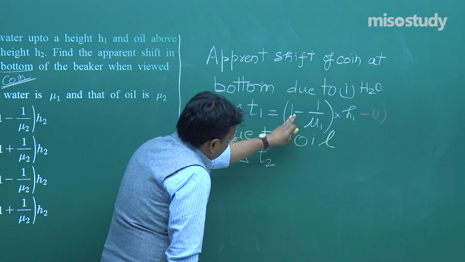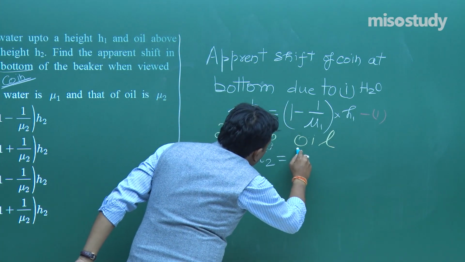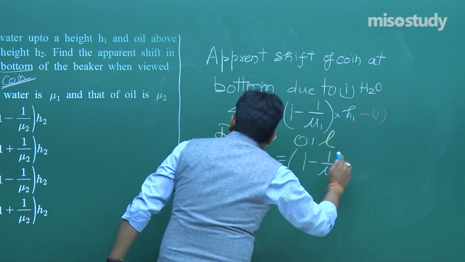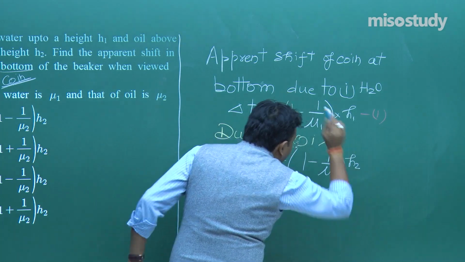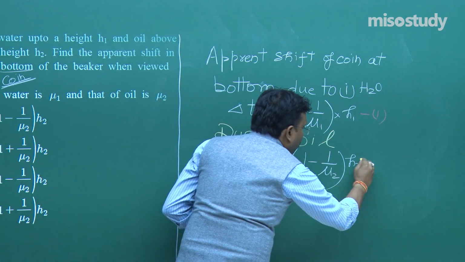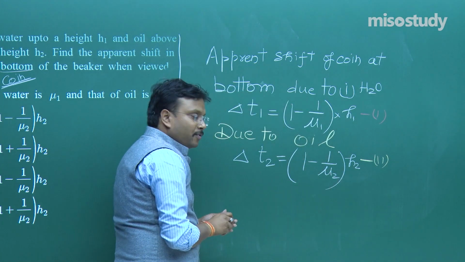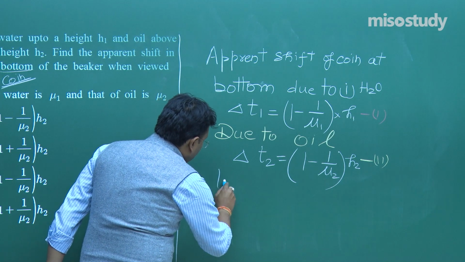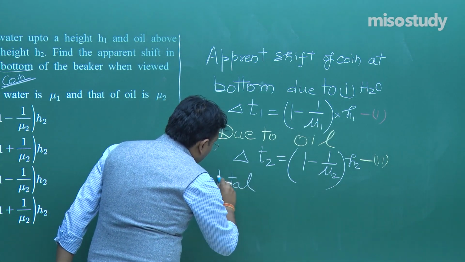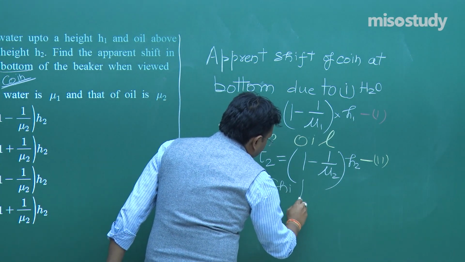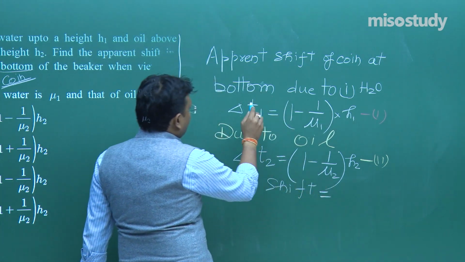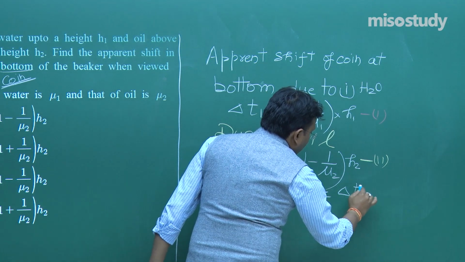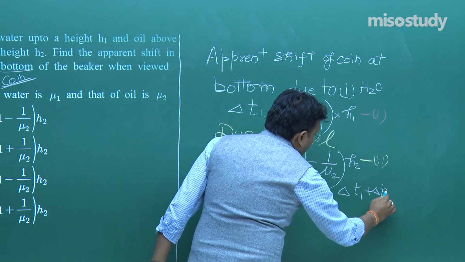So delta T2 is equal to 1 minus 1 upon mu2 into H2, that distance. Let's say this is equation number 2. So what exactly is the total shift? Simple, total shift is equal to delta T1 plus delta T2.